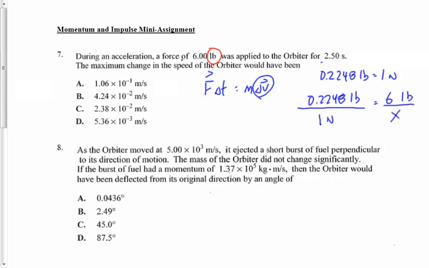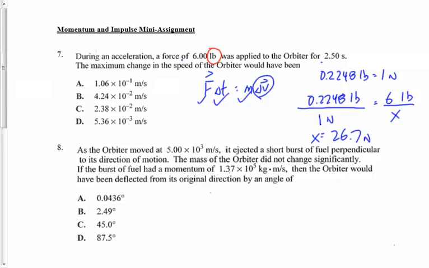See what I did there? It's ratio and proportion, right? X ends up being equal to, I think it was like 26 or something? 26.7 newtons.